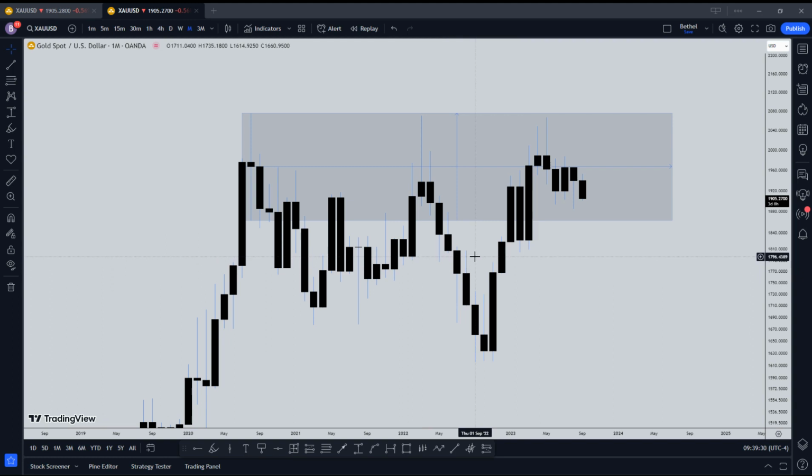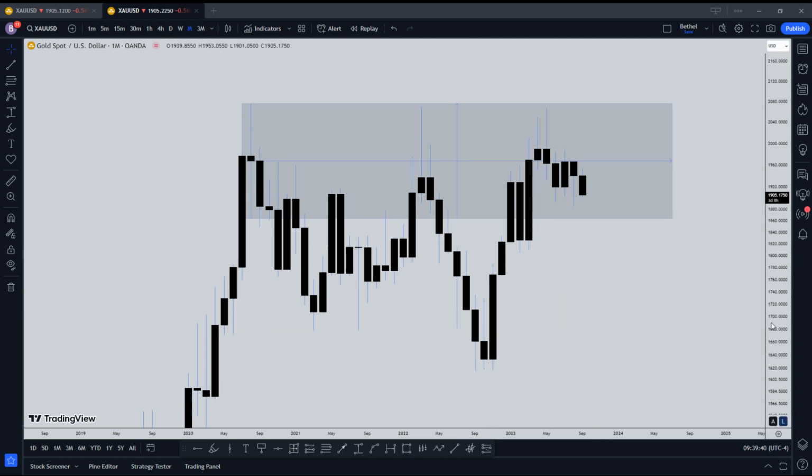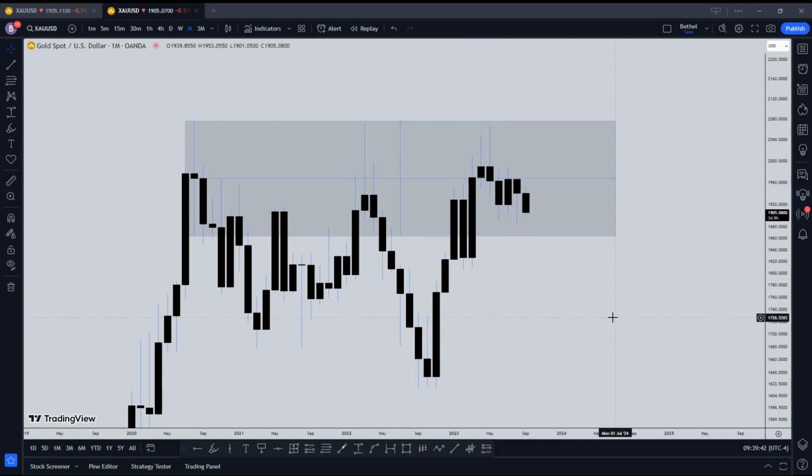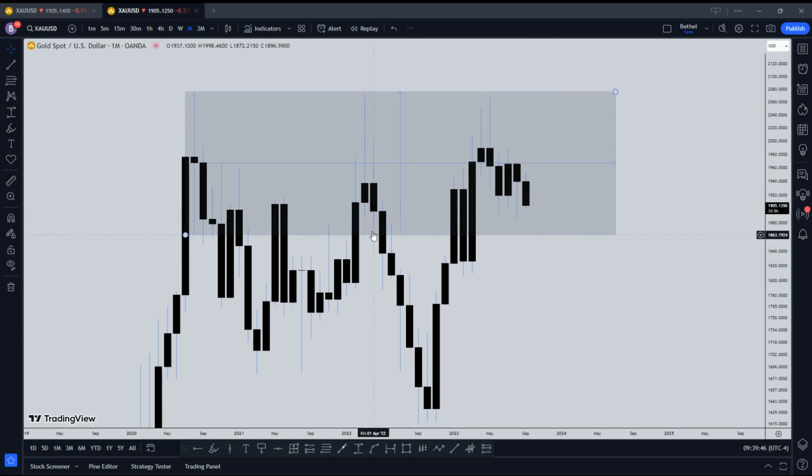If I put my crosshair there, you see, if you have the retest on this candle, continuation. As long as we are trending, what we are going to get is break, retest, continuation, break, retest, continuation, and that's what we've been doing here. But now our attention is here, so that's what we might get: break, retest, continuation. So that's that on the monthly. We are actually bearish on the monthly.